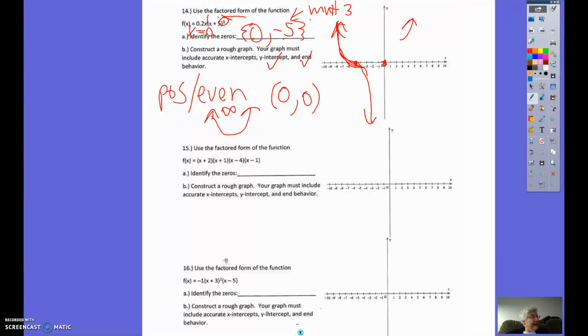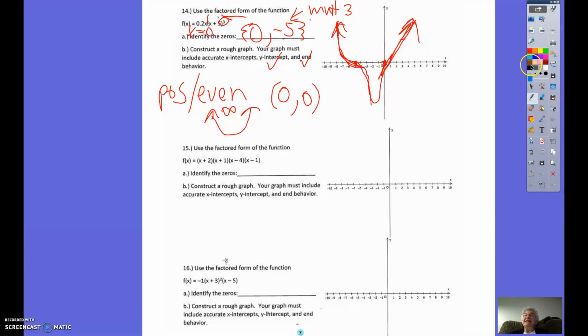Now, my x-intercept is 0. So sometime after going through this with a little wiggle, I am going to turn around back up and go through x equals 0. I don't think this is a very good looking graph, but it has everything you would need to do what's called a rough sketch.